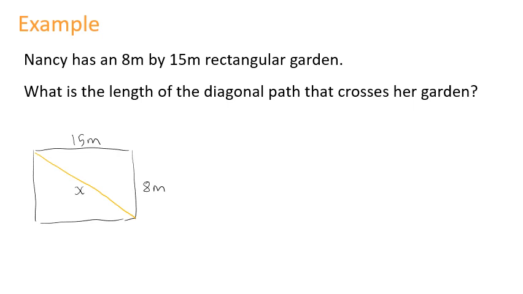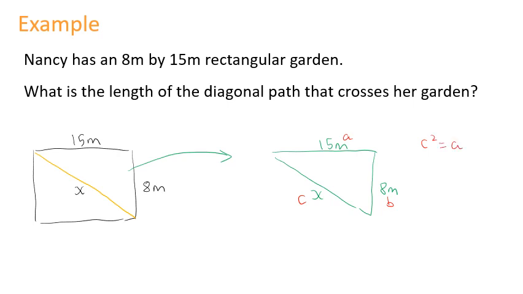So what I would do is draw it as a separate triangle so we don't get confused. So this is our triangle here. 8 metres, x that we're trying to find, and 15 metres. Okay, then we can label the triangle. So we've got the hypotenuse, which is C, this one here, and the other two are A and B. So we use our formula C squared equals A squared plus B squared.